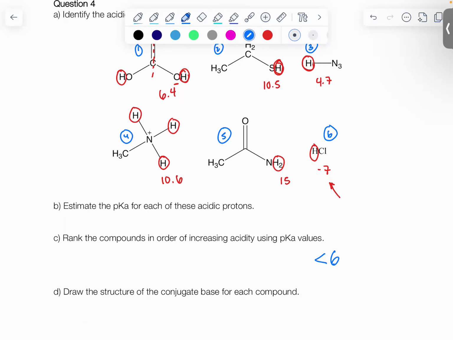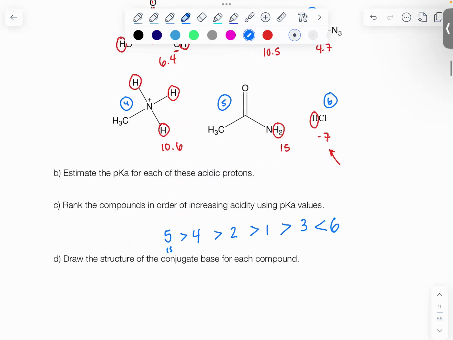So next we look for our next lowest number, 4.7. And then we have 6.4, 10.5, 10.6, and 15. And so our pKa's are in increasing order. We put them in small numbers beneath here. We can see that they are increasing as our acid gets weaker.